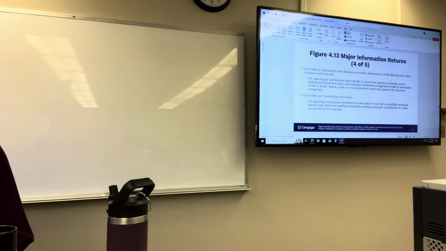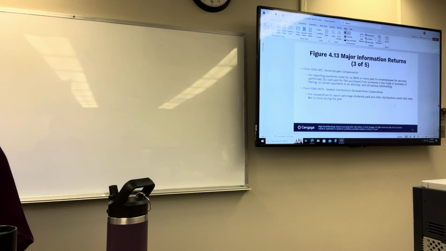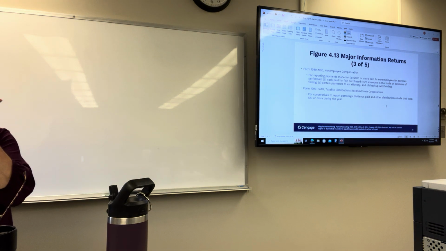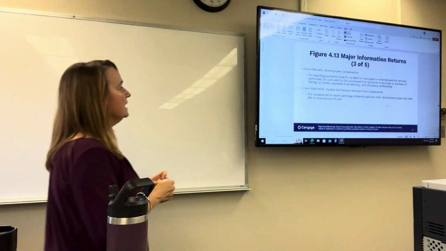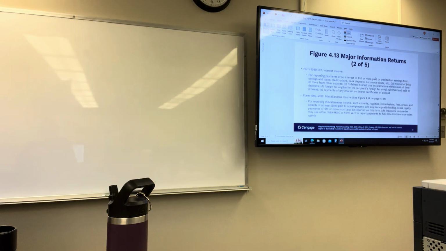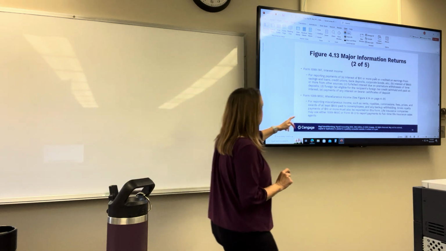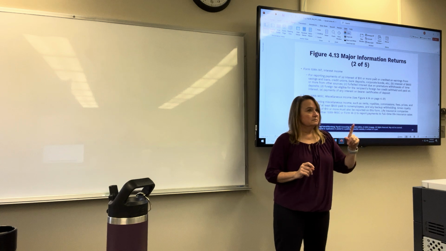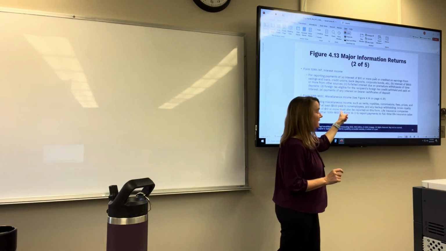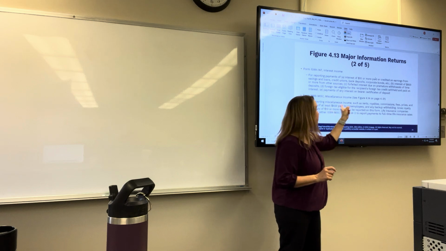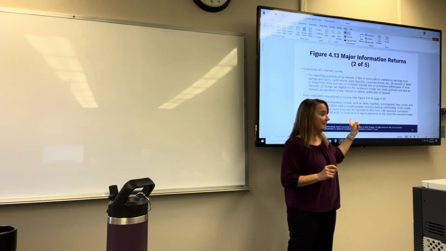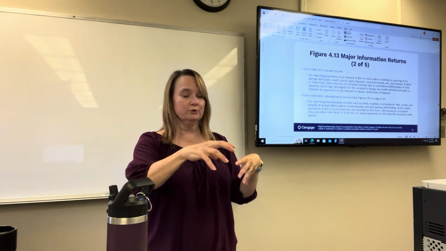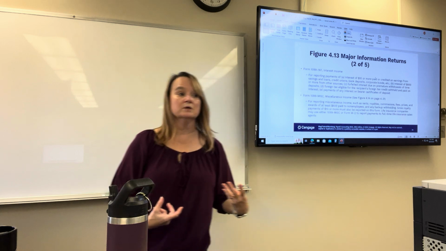Again, 1099 NECs are relatively new. I think they've been around for maybe 2 or 3 years. It used to be that income was listed on the 1099 miscellaneous, which is kind of weird, because the income on this 1099 miscellaneous is not subject to self-employment tax, but then they had combined and included income that was subject to self-employment tax.